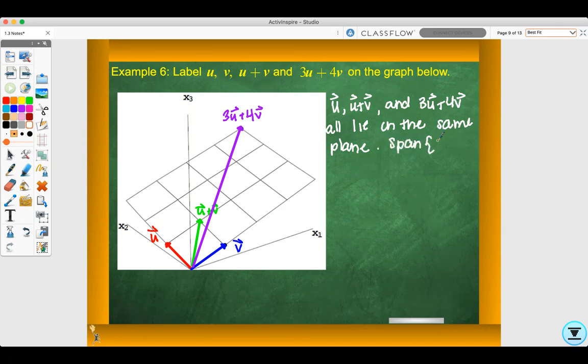Span u, v is the set of all vectors of the form x1u plus x2v.